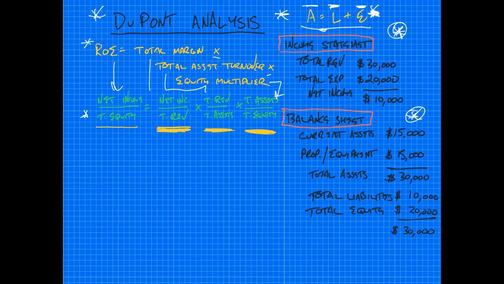Leverage just means other people's money. Are you using a lot of other people's money, usually loans, to run the activities of the business? There are some organizations that are very highly leveraged, that have high percentages of other people's money, loans, to make things go. Is that a bad thing?